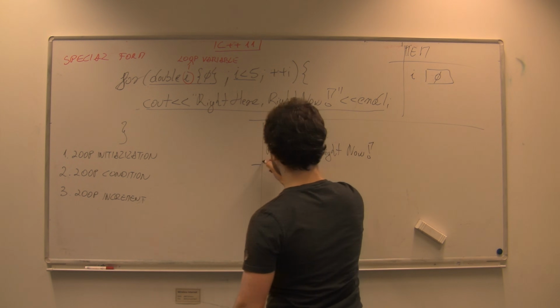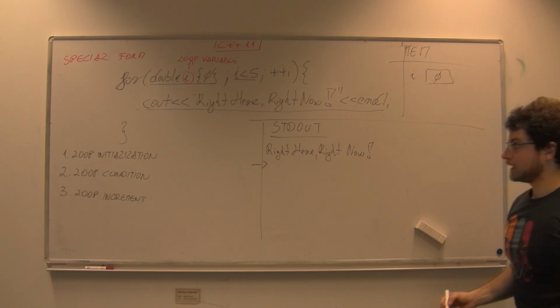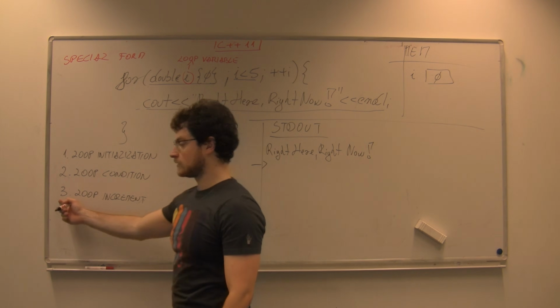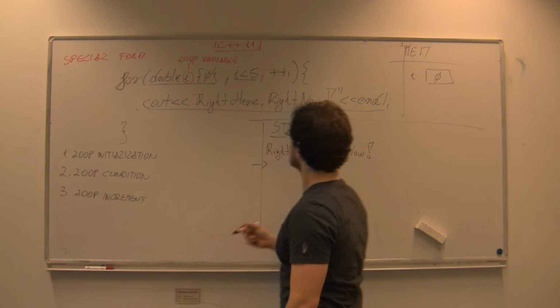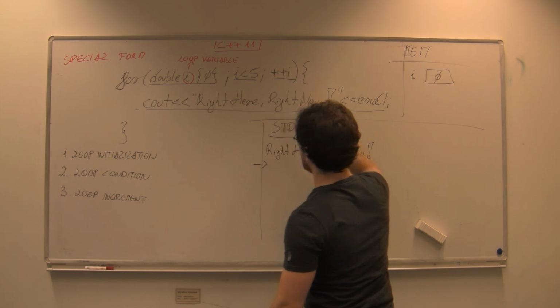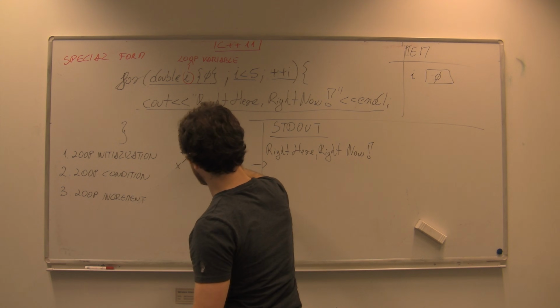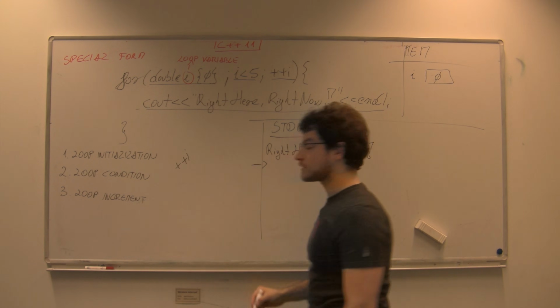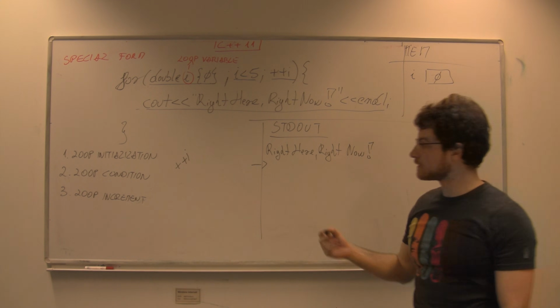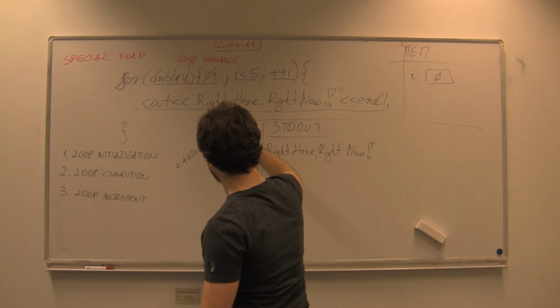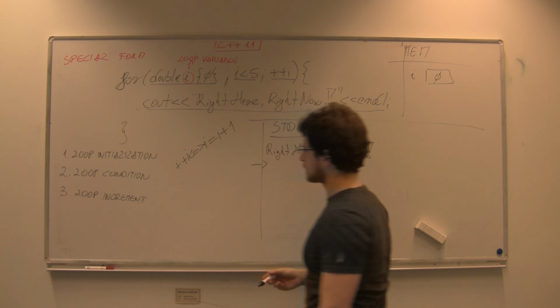And we proceed to the next line. Having executed the body of the loop, we need to execute the loop increment. The loop increment is this thing here, which we've not encountered before. Plus plus I is an expression that is equivalent to I equals I plus 1.